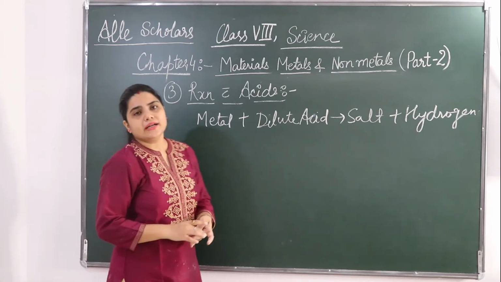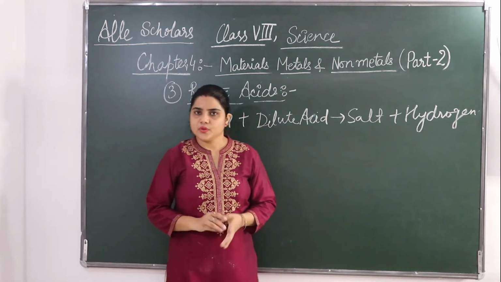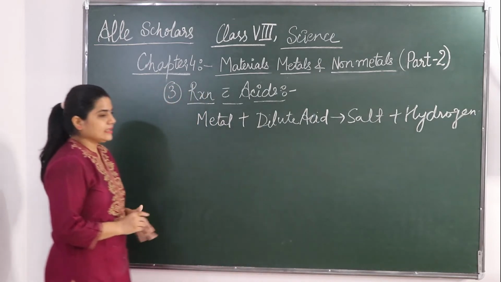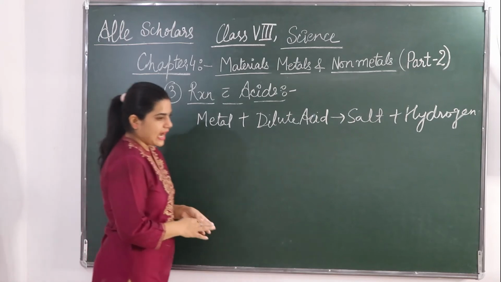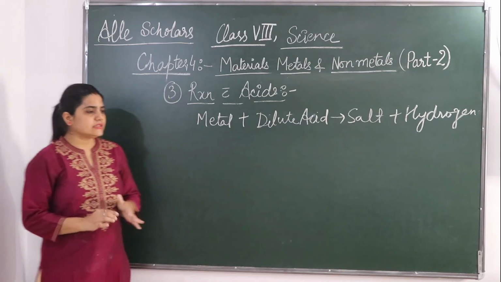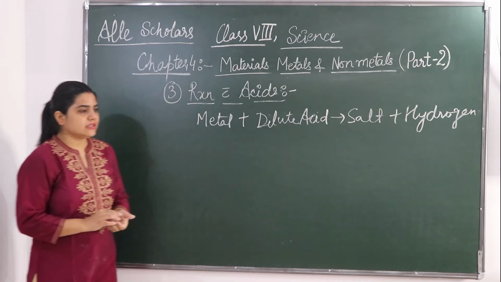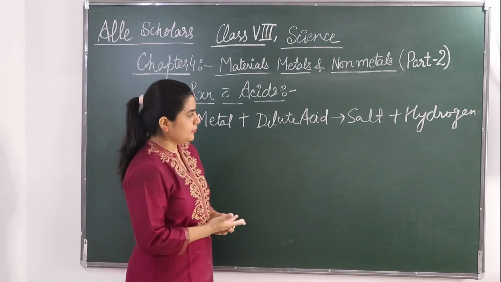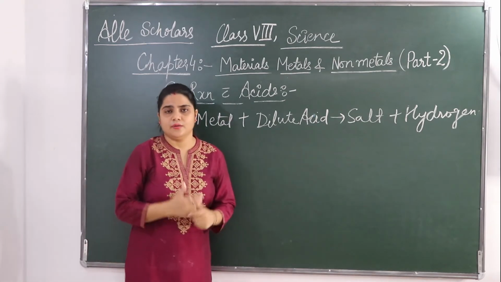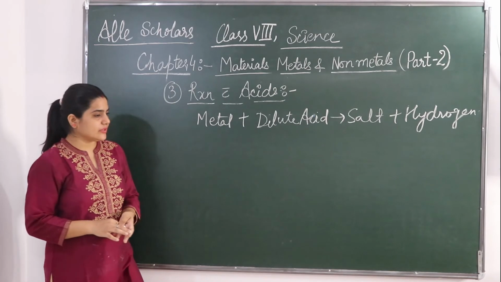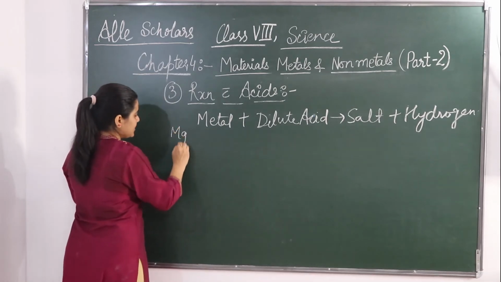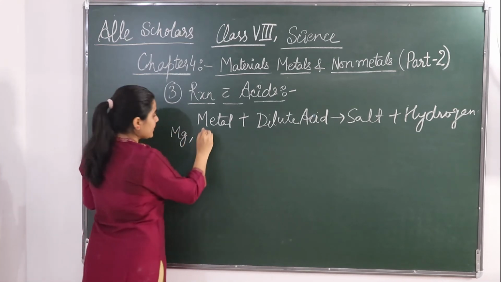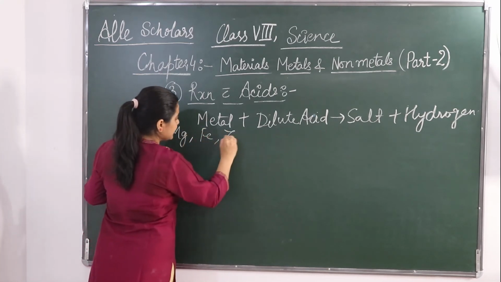But do all metals show this property? No. Almost all the metals react in the same manner, but there are still some metals that do not behave in this way. I will tell you further which they are. So let's take the examples which behave in this way: magnesium, iron, zinc.